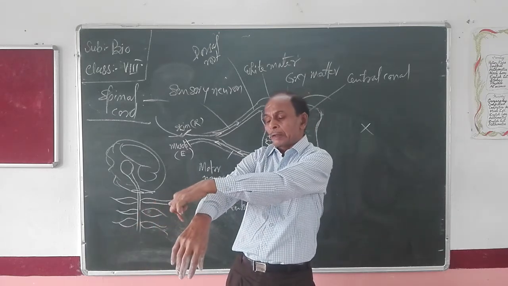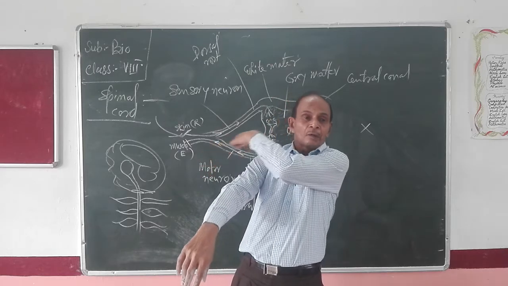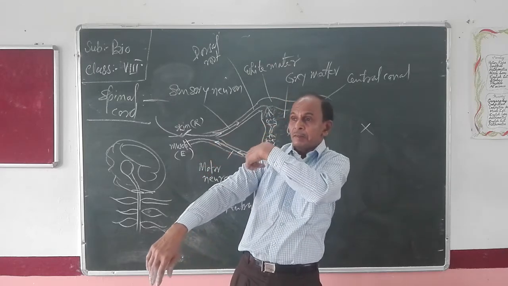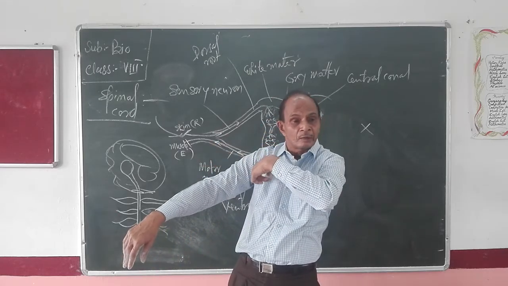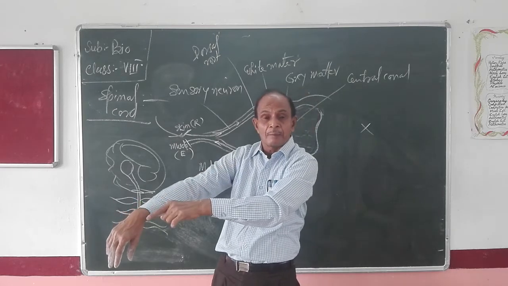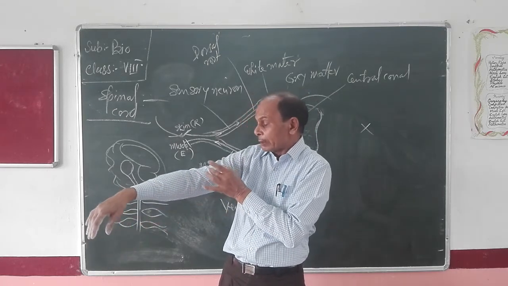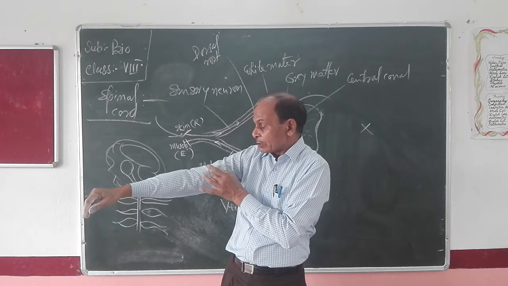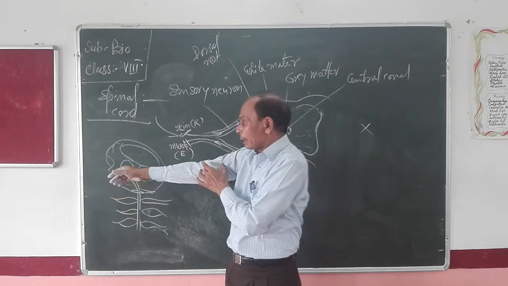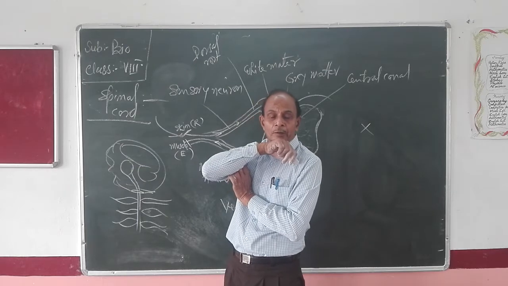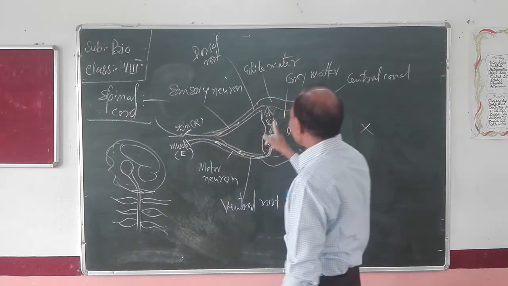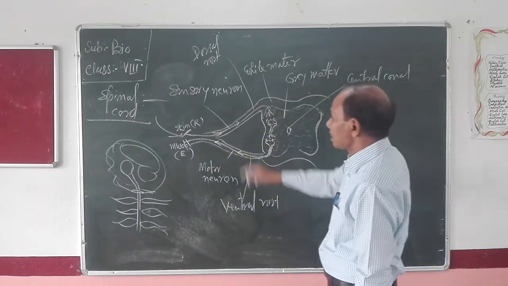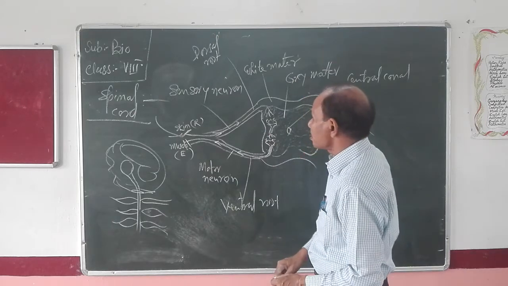It is carried to this muscle, which will suddenly contract, and your hand will be withdrawn from there. Clear? So this is the structure and function of how our reflex actions are shown.